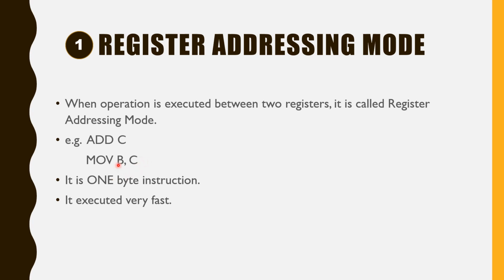So here register B is the destination and register C is the source. So we move the content of register C to B.